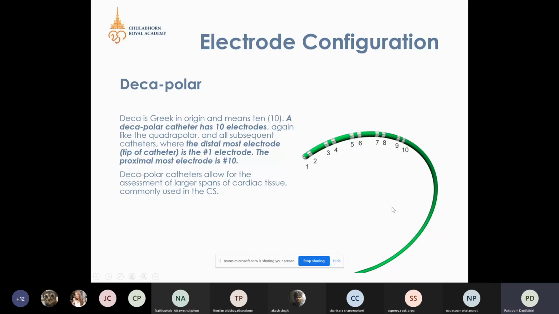The next one is decapolar. Deca is Greek, right? Deca means 10. So the decapolar has 10 electrodes on the catheter. Again, the distal electrode is called the first electrode. The next one is second, after that third, fourth, and so on until the proximal-most electrode is called the 10th.